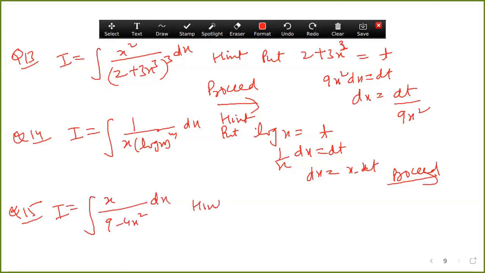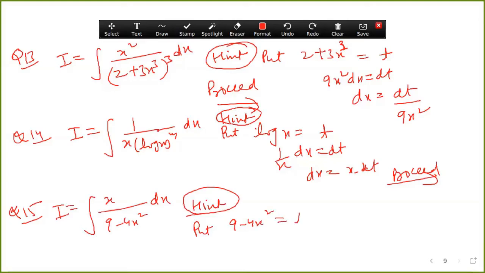Here the hints are: put 9 minus 4x square is equal to t. It becomes minus 8x dx is equal to dt, and this implies dx is equal to dt upon minus 8x. Now you can proceed with the question. Do your own.